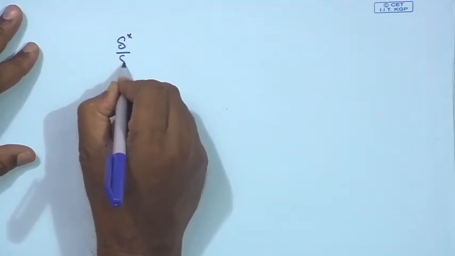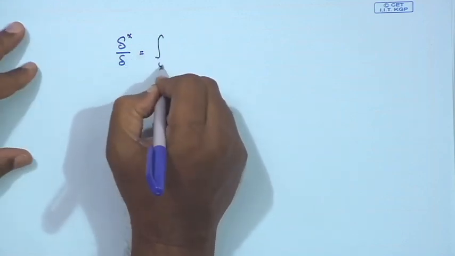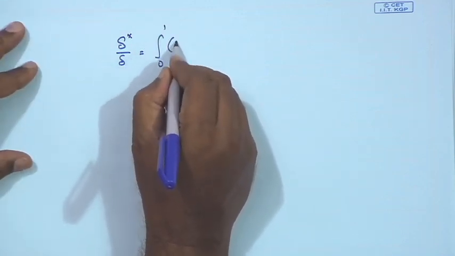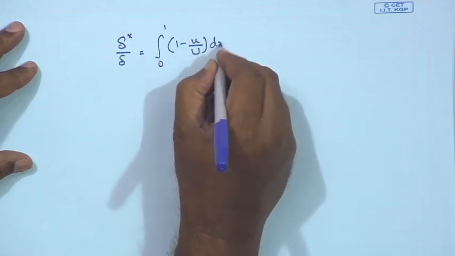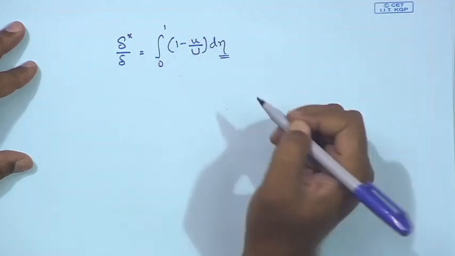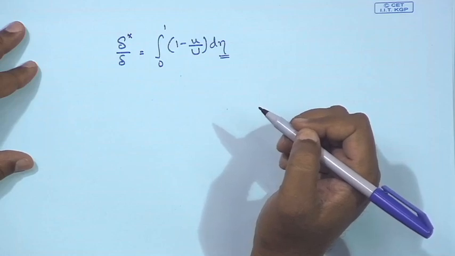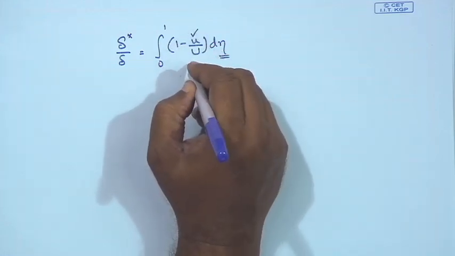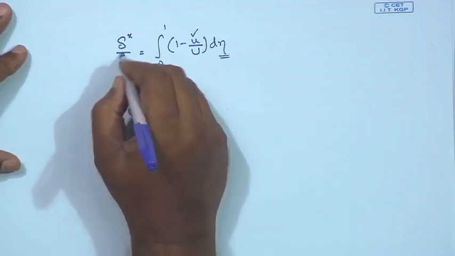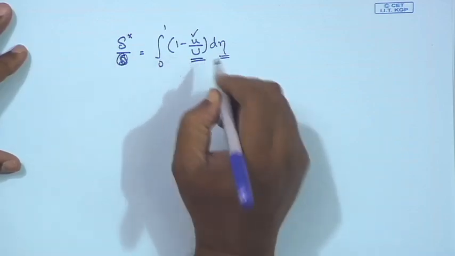The displacement thickness was delta star by delta equals integral from 0 to 1 of 1 minus small u by capital U d eta, where eta is the distance from the solid wall, u is the local velocity and capital U is the free stream velocity.